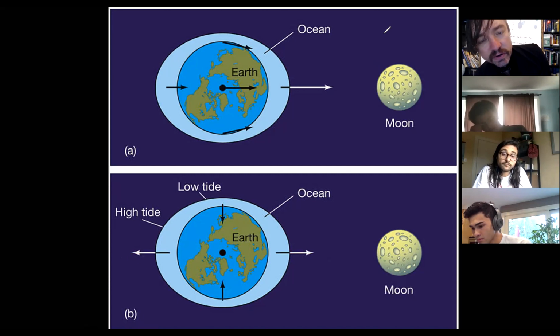Not only does Earth experience 2 high tides per day in terms of water, but remember that the Earth is surrounded by a fluid of atmosphere, and the atmosphere also bulges in the direction of the moon. And what's even crazier is the rock underneath your feet. The rock of Earth actually bulges towards the moon by about 2 or 3 centimeters per day.